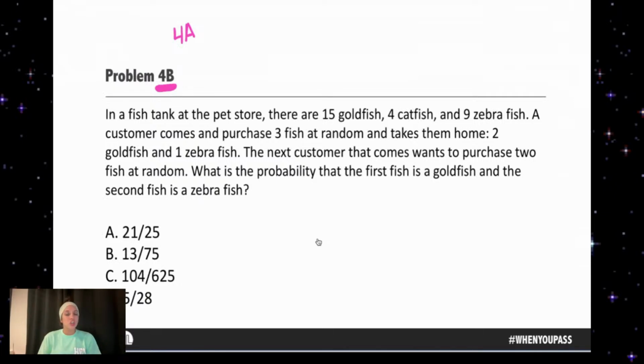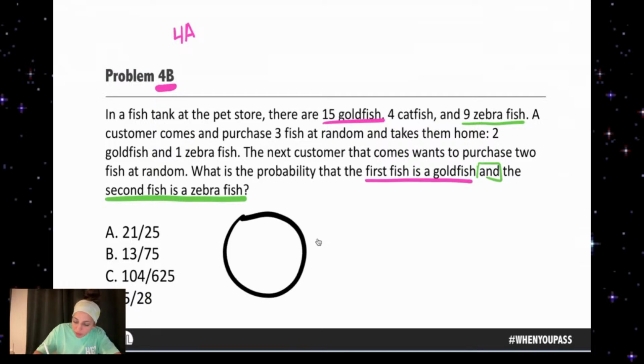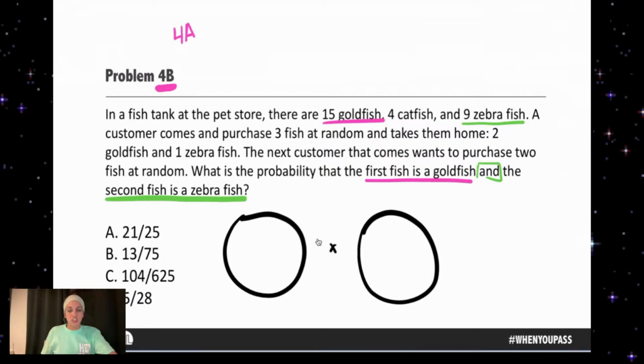But when we are doing dual probability, we're looking for the probability that the first fish is a goldfish and the second fish is a zebrafish. So I need to do probability number 1 times probability number 2.